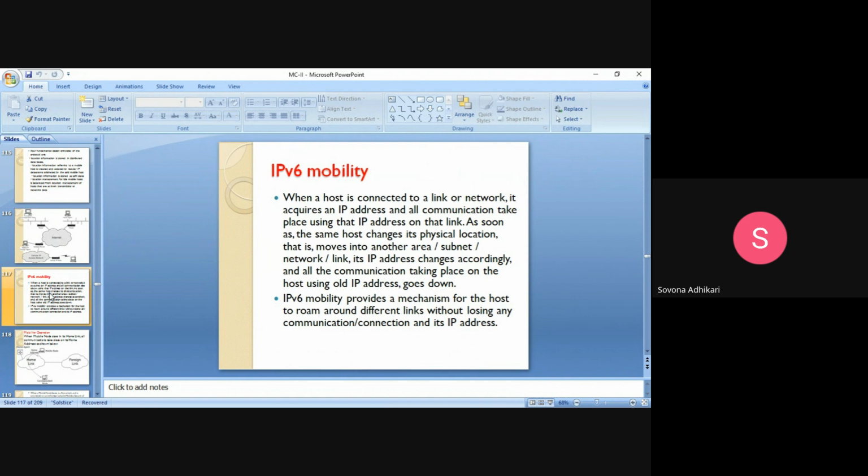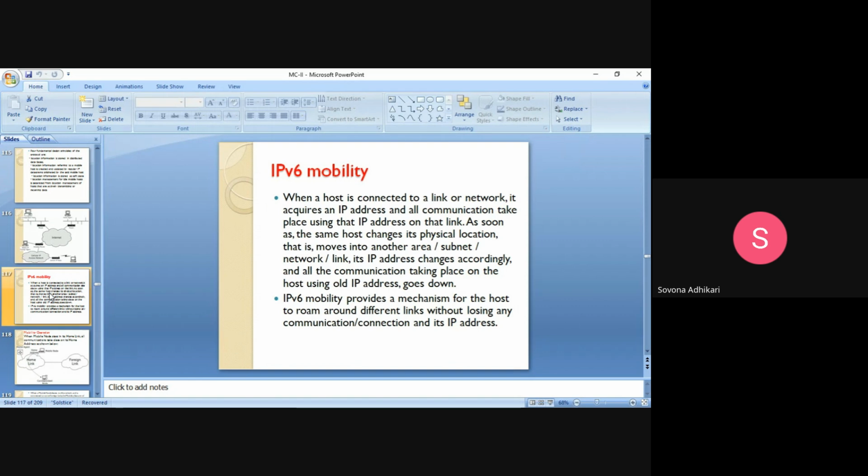You know that when a computer, a host, is connected to the link, it acquires an IP address, and all the communication takes place using that IP address on that link. So that IP address is unique for that host.